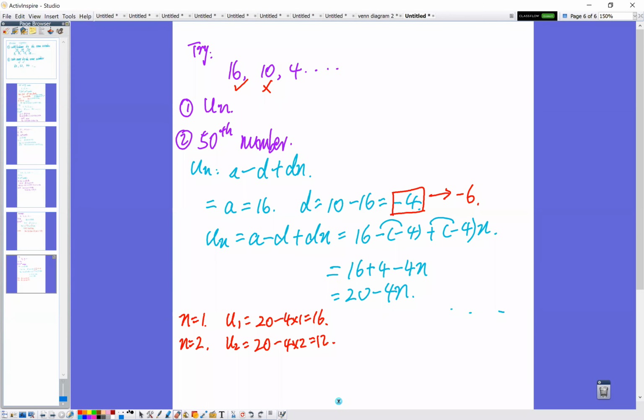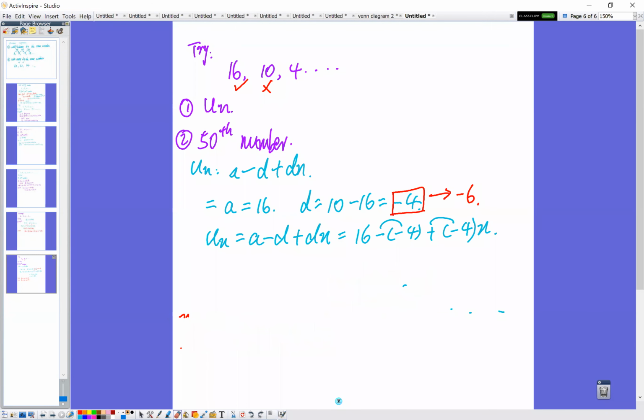So bear this in mind. Let's correct the answer here. So this is a minus d, minus 6 plus minus 6n. So it becomes 22 take away 6n. 22 minus 6n.